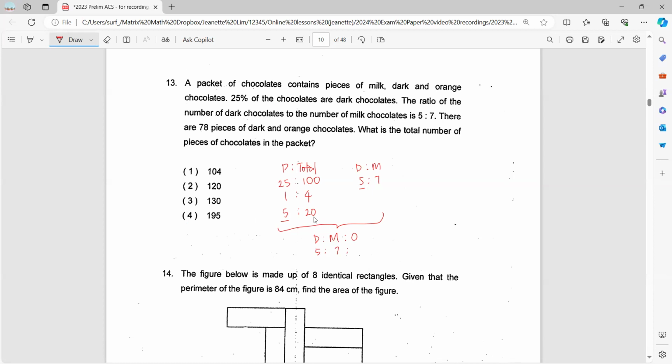So you have 8 units here. 78 pieces of dark and orange chocolate. Dark and orange is 13 units, so 13 units is 78. 1 unit is 78 divided by 13, which is 6. What's the total number? Total 20 units, so 20 times 6, 120, option 2.